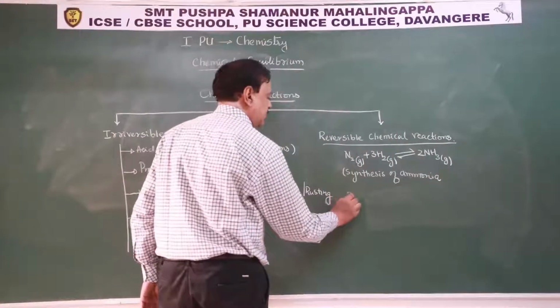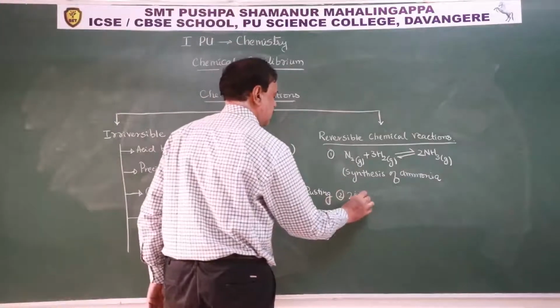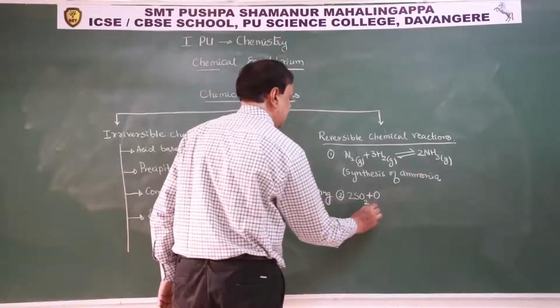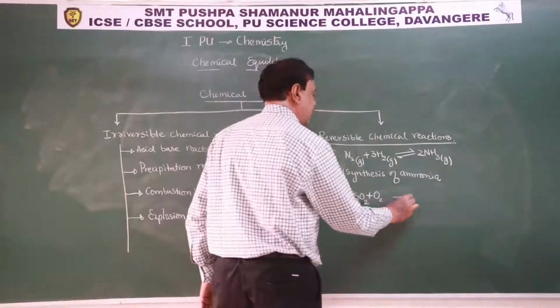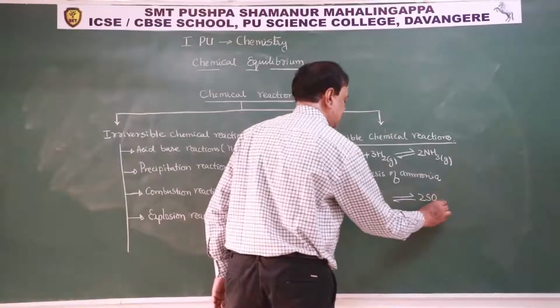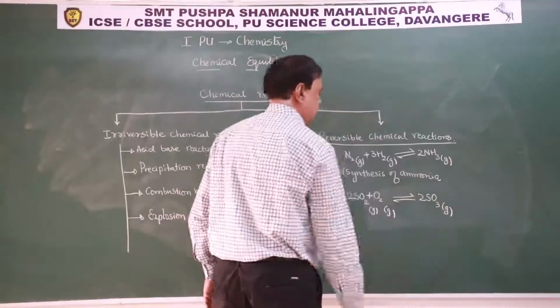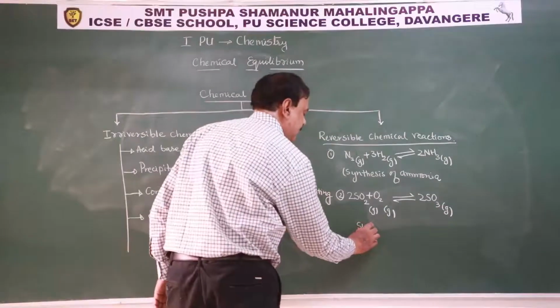And 2SO2, this is the second example. 2SO2 in gaseous state plus O2 in gaseous state gives 2SO3, that is in gaseous state. That is synthesis of sulfur trioxide.